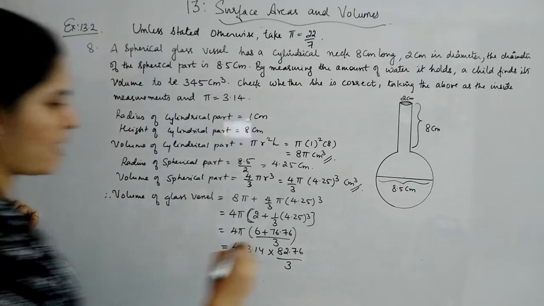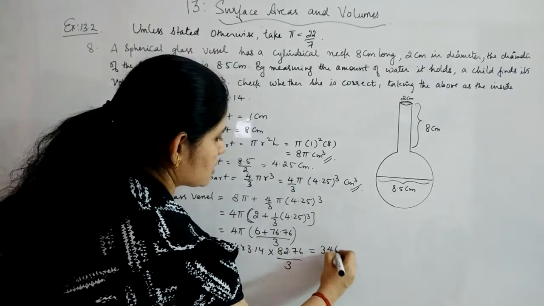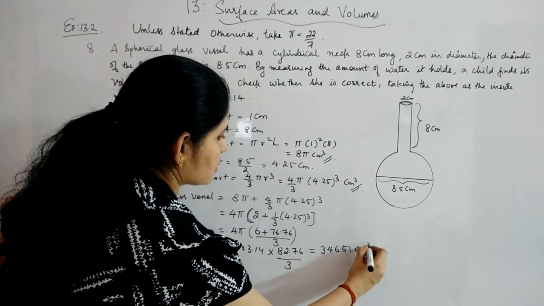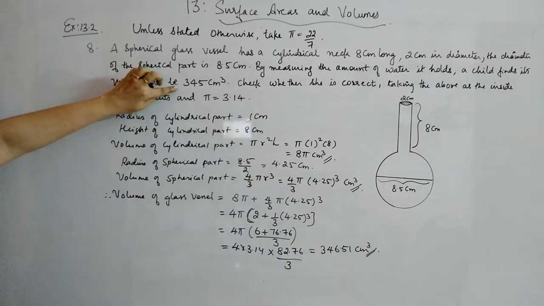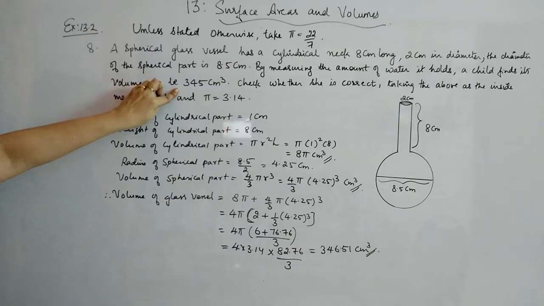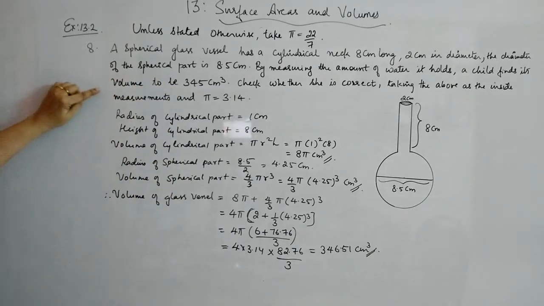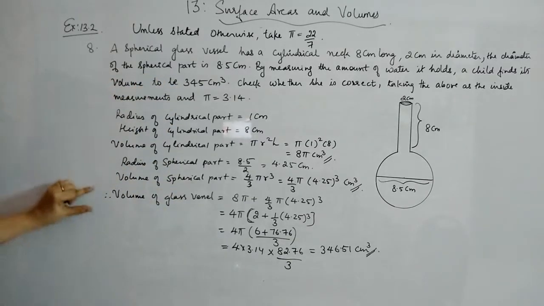Now after multiplying and simplifying, you will get it to be 346.51 centimeter cubes. Now just check what the child has got the volume to be. It is 345 centimeter cube. That means the child is not correct, and the correct volume of the vessel is 346.51.